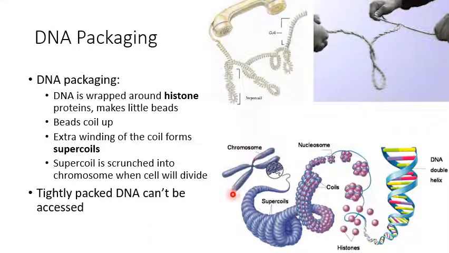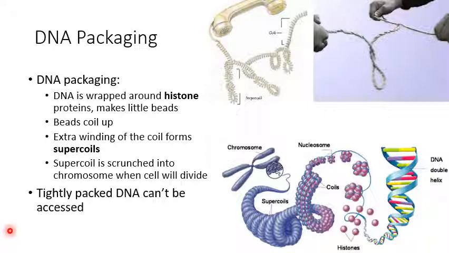So, the traditional squiggly X shape of a chromosome. That is the most packed form of the chromosome that you can have. That's only going to occur if the cell is about to divide. If the cell is not going to divide, then it'll just be in the supercoil form at the most.